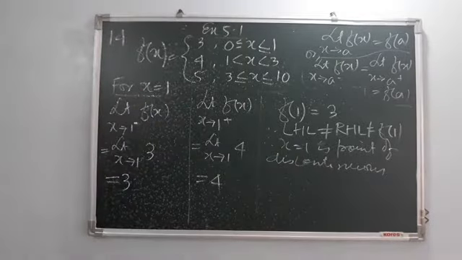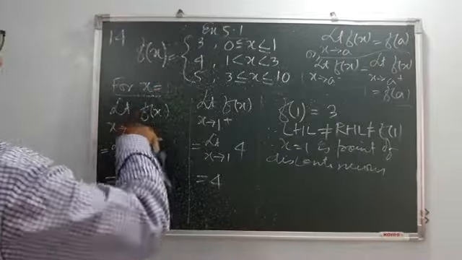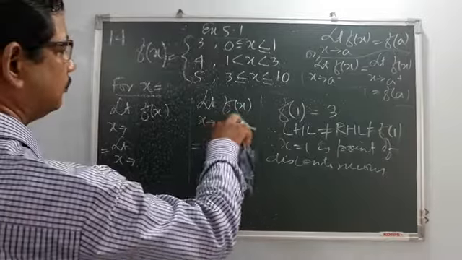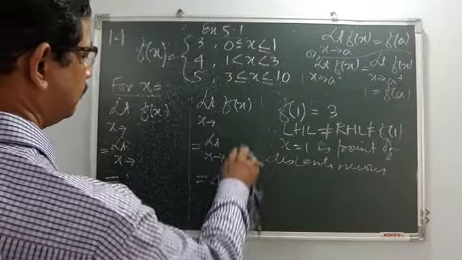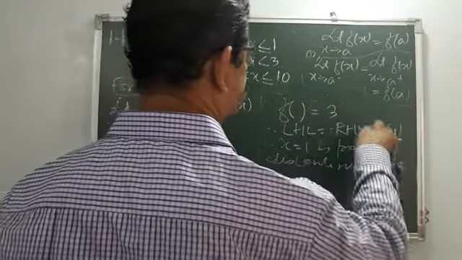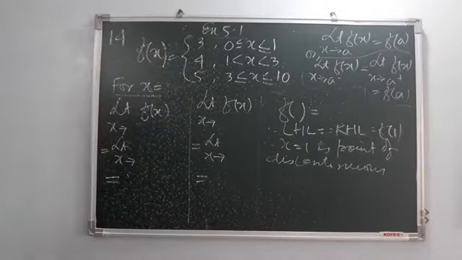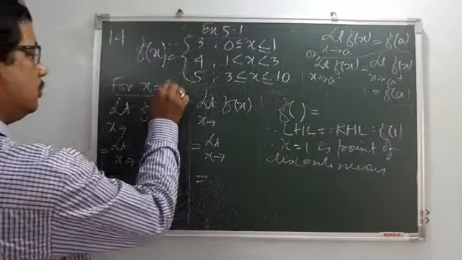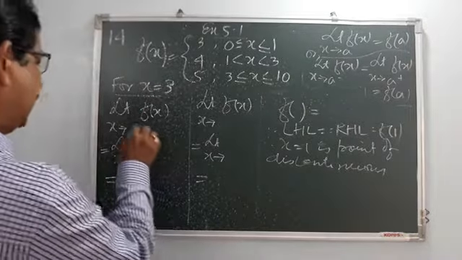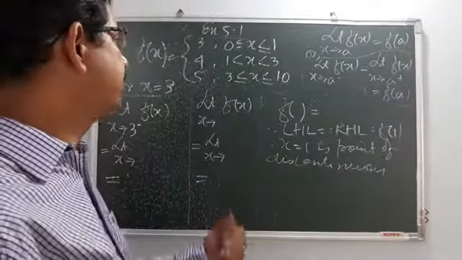Now we will move to x equal to 3. Definitely little things will change. Let's see what the values will be. If we consider x equal to 3, the LHL is for 3 minus, little less than 3.